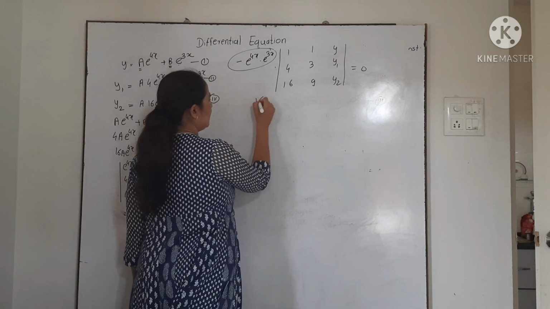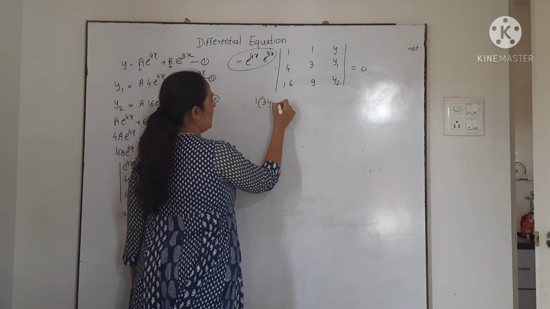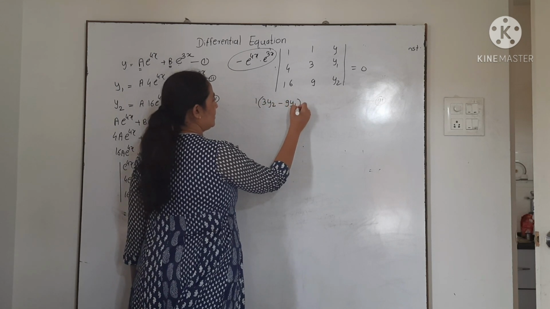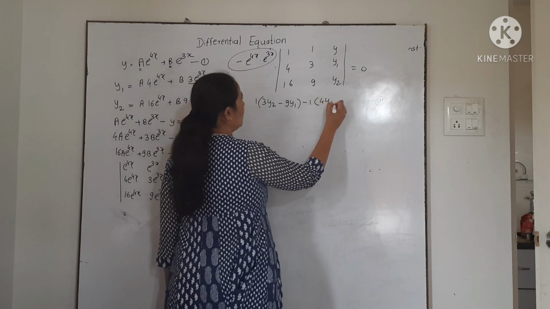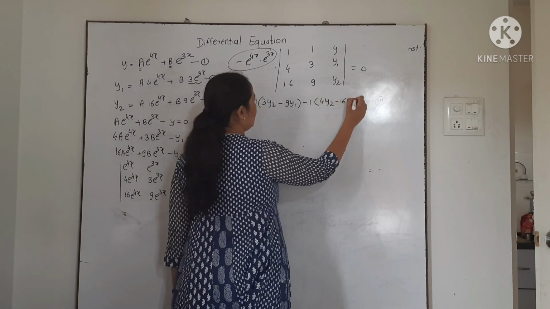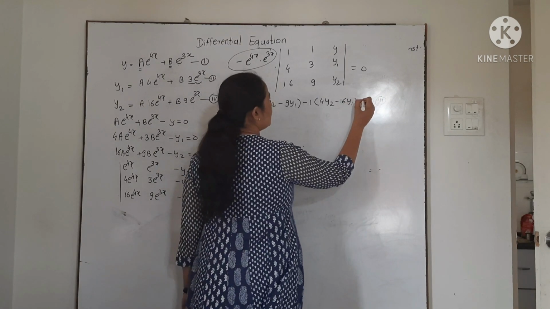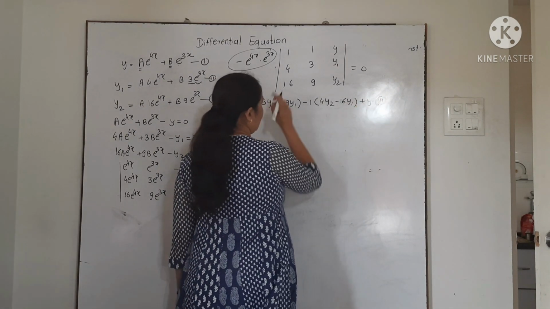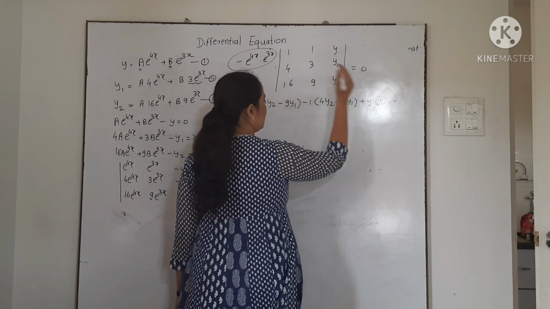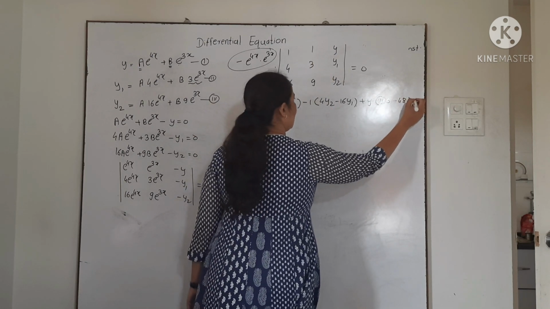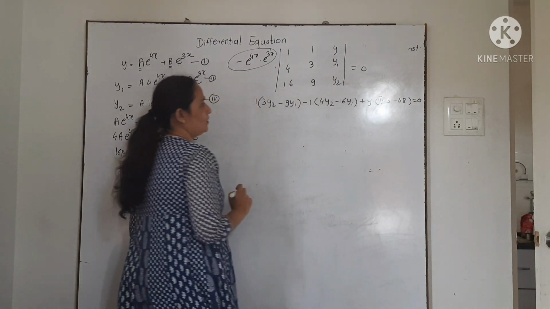If we solve this, it is 3y2 minus 9y1 minus 1 in bracket 4y2 minus 16y1 plus y in bracket 9 into 4, that is 36, minus 16 into 3, 48 equal to 0.